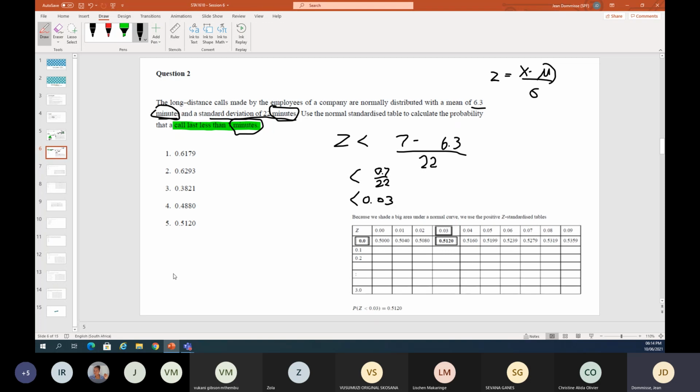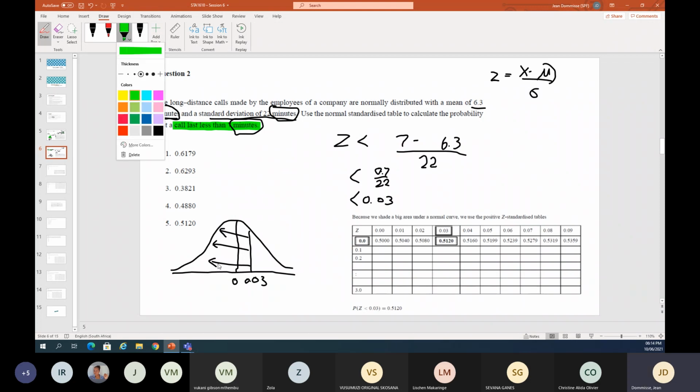Okay, so now we need to go, as always, I draw the diagram. In the middle is 0, so less than 0.03. Okay, and less than, so we need to get that area. How big is the area in green?